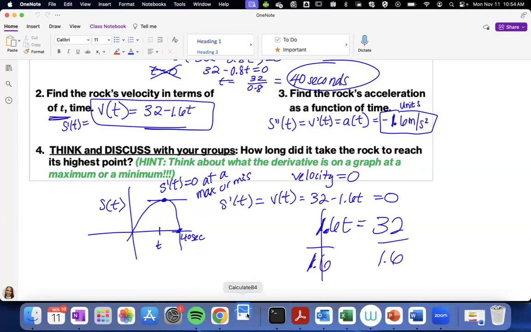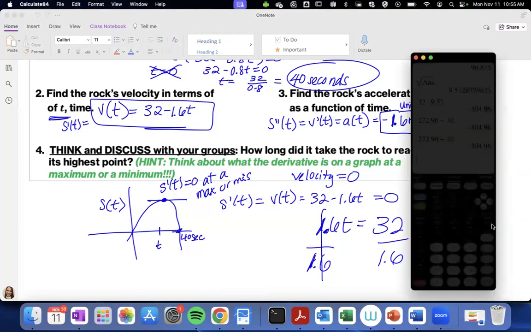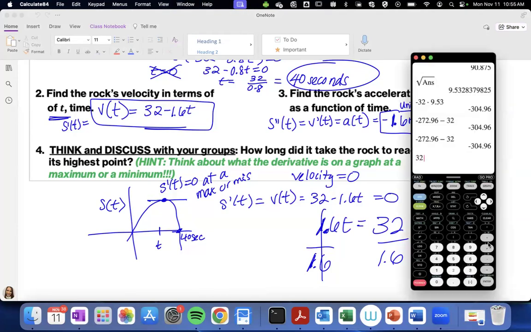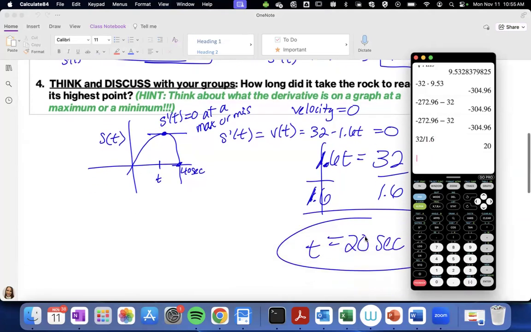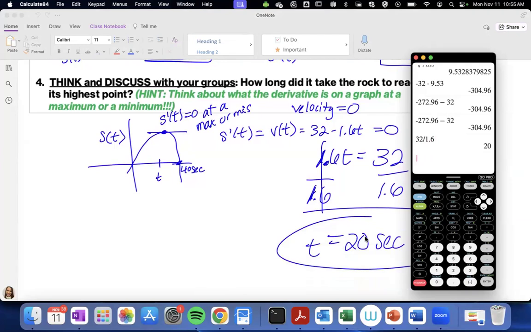So 32 over 1.6 is 20. 32 over 1.6 is 20 seconds. So we know that at the 20-second mark, it reaches its peak. Is that good?